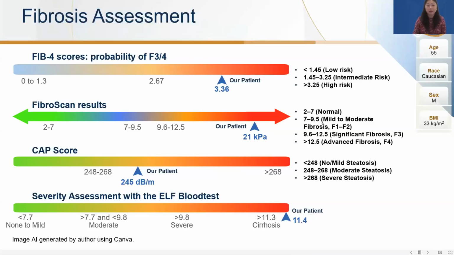On FibroScan test, it shows 21 kilopascal. So if you look on the right, that's F4 cirrhosis. The CAP score is 246, showing mild steatosis. And the ELF score is 11.4, showing F4 cirrhosis. So taken all together, his NITs are showing MASH with cirrhosis, F4.